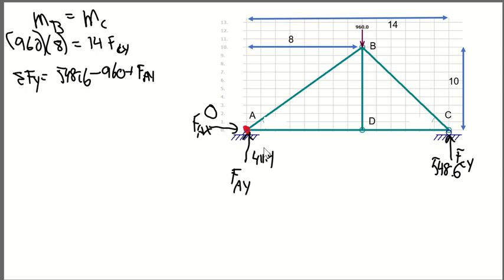So now what I need is, well, first I need to find the angles. So let's get my angles here. I need to know this angle. So to find my angles, I use inverse tangent. So my angle theta at A is equal to the inverse tangent of, I'm going opposite, which is 10, over my adjacent, which is 8.